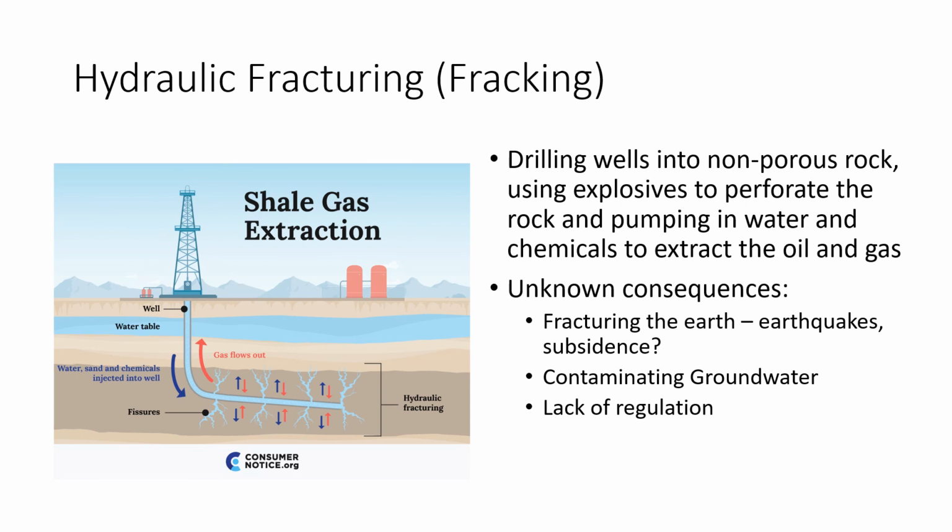subsidence, where the earth is actually sinking. The chemicals that they use to do this could contaminate the groundwater. And the thing about that mixture of chemicals is that there's a lack of regulation on it. It's a proprietary blend, right? They actually don't have to disclose what they're putting into the ground.